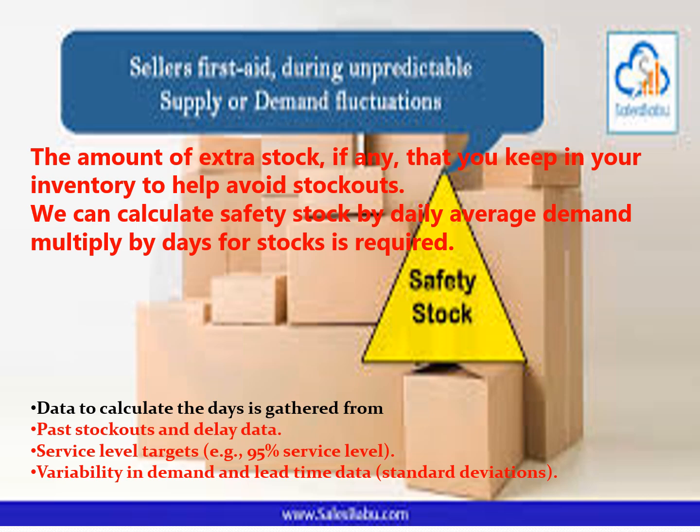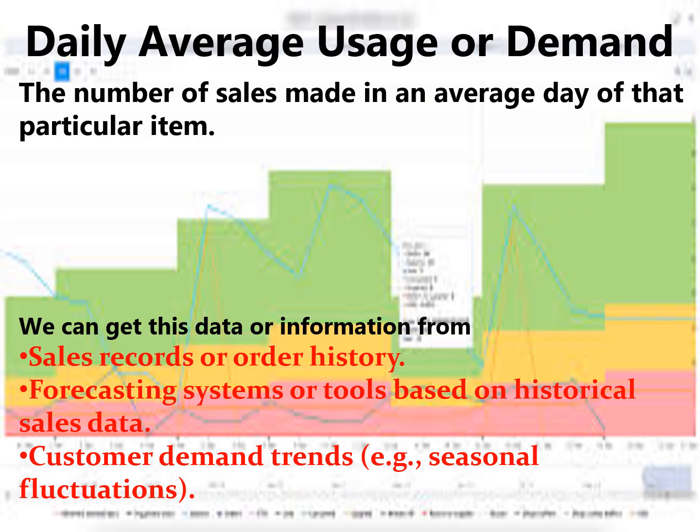And the data we need to find out the safety stock is from the past stockouts or delay data, what our service level targets will be, and then any variability in demand and lead time data, that is called standard deviations.